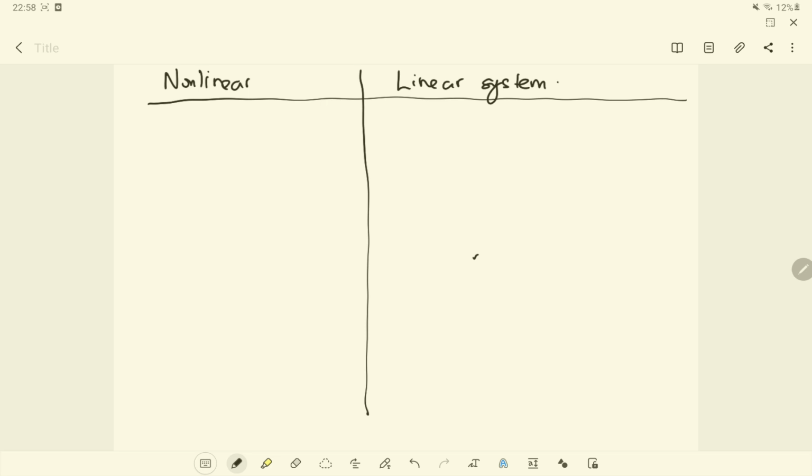What you have covered before, everything is in linear systems, only linear systems.